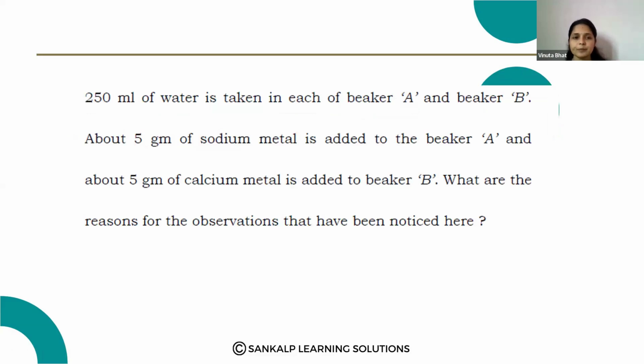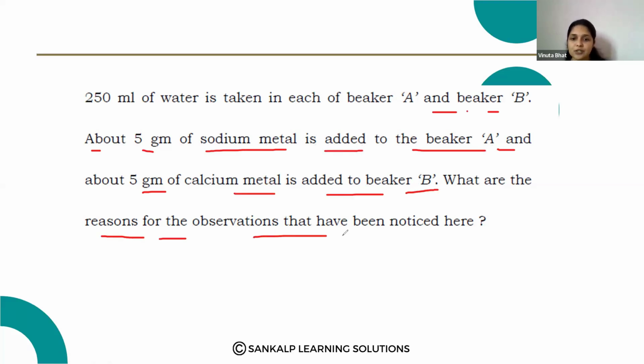Next question here. 250 ml of water is taken in beaker A and beaker B. About 5 gram of sodium metal is added to beaker A and 5 gram of calcium metal is added to beaker B. What are the reasons for the observations that have been noticed here?